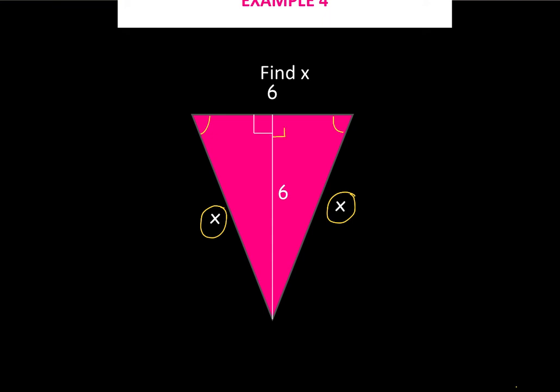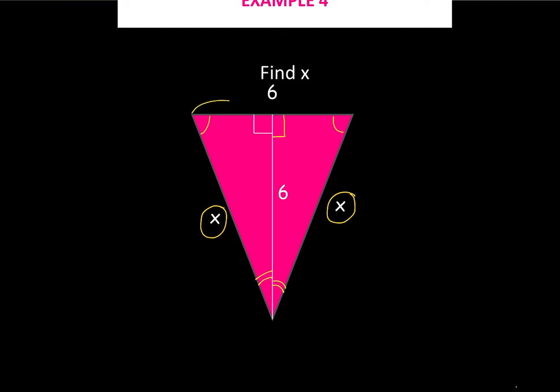We know that these two are 90 degrees, right? And we know that these two angles must be the same as well. So these two triangles split by this line down the middle are going to be exactly the same.